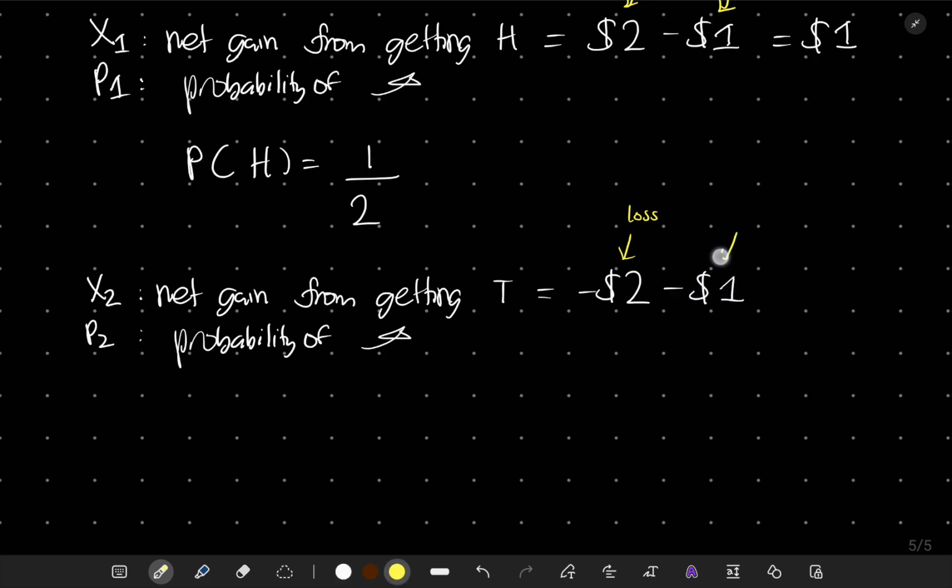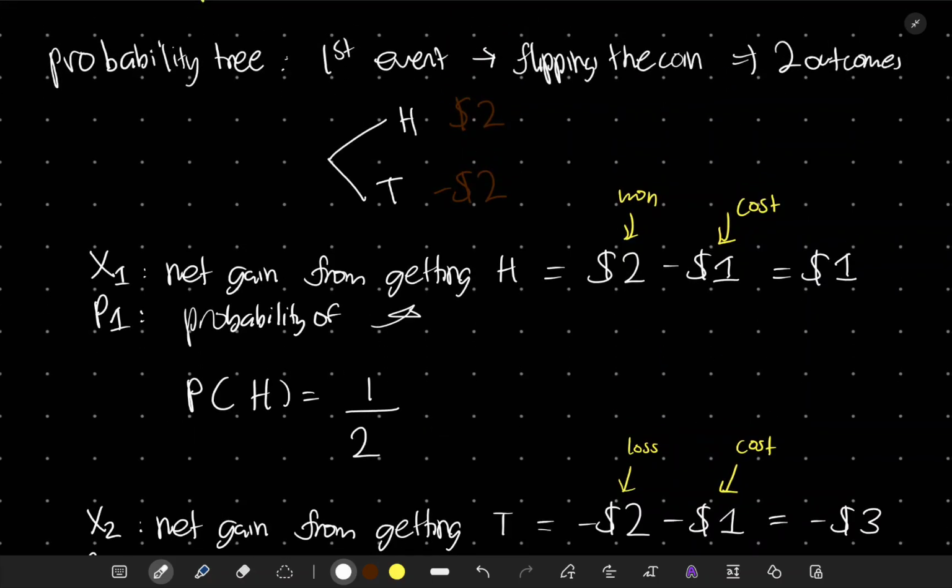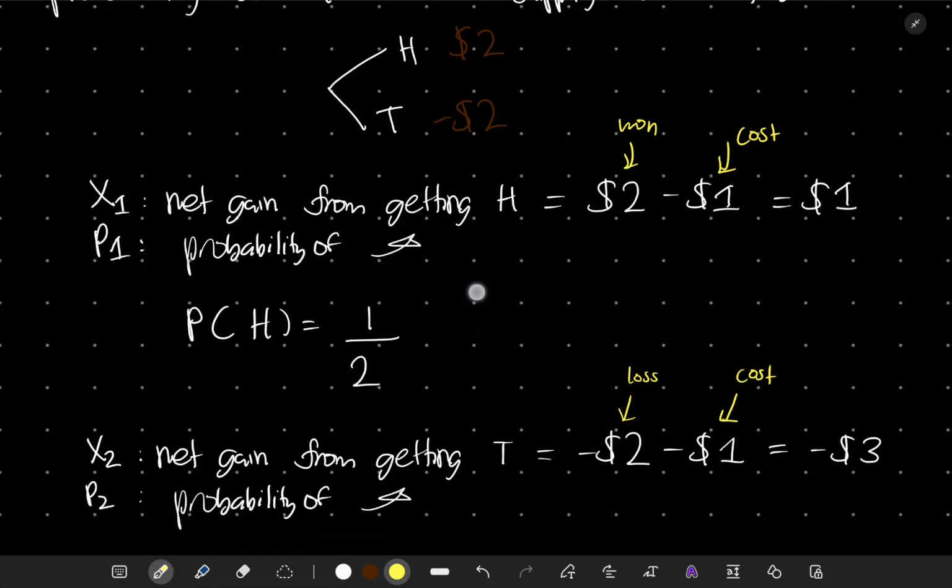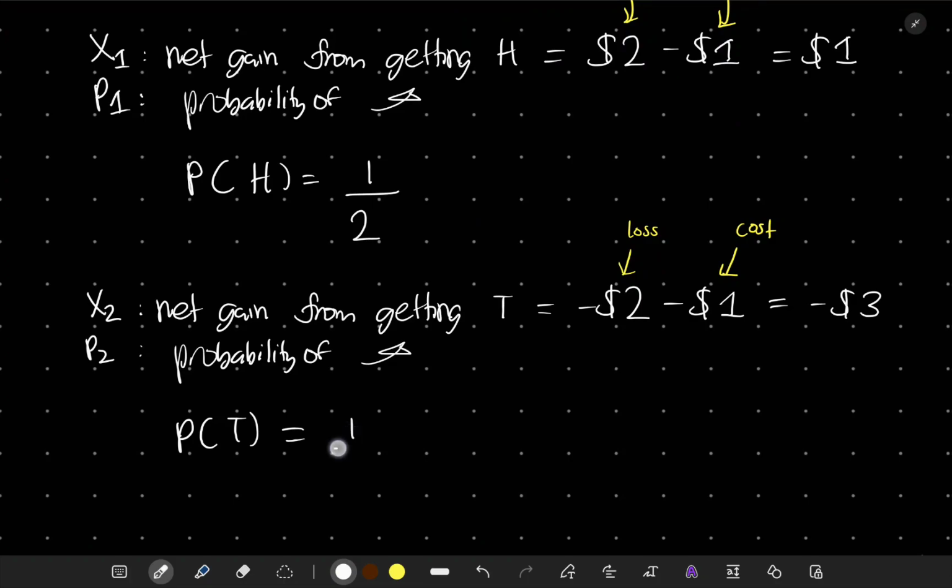This is with the cost, and because of that, these accumulate, so it becomes negative $3. The last thing I need to figure out is the probability of tails. Looking at the probability tree again, tails is one of the branches, so we put 1/2, just like heads.